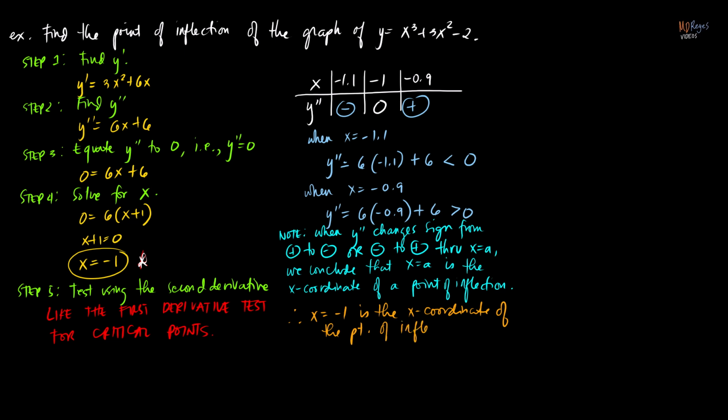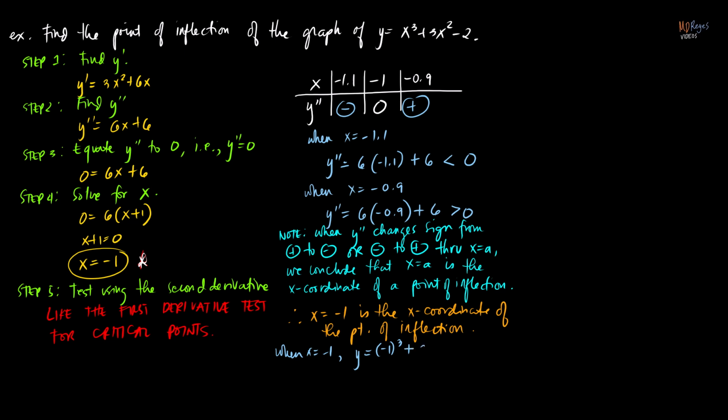Point of inflection. Okay, so we need the point of inflection, so we need its partner when x is equal to negative 1. What is the value of y? Again, we go back to the original function, y equals x cubed plus 3x squared minus 2. So we just substitute negative 1 for x.